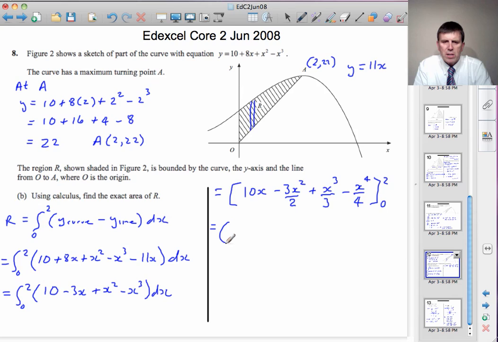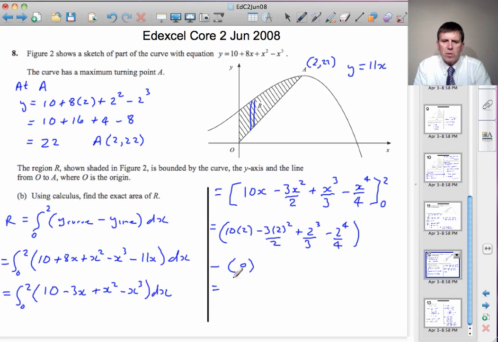So a bracket minus a bracket, substituting the 2 in first, 10 times 2 minus 3 times 2 squared over 2 plus 2 cubed over 3 minus 2 to the power 4 over 4, minus the second bracket. Now the second bracket, when we put 0 in, each of these terms will become 0. So the whole of the second bracket will be 0.